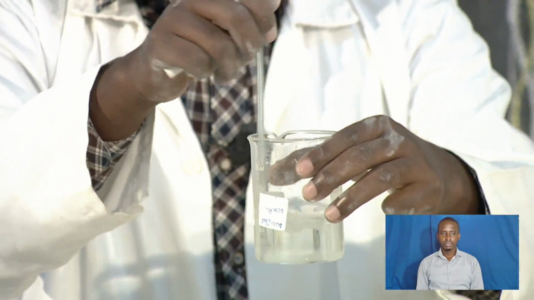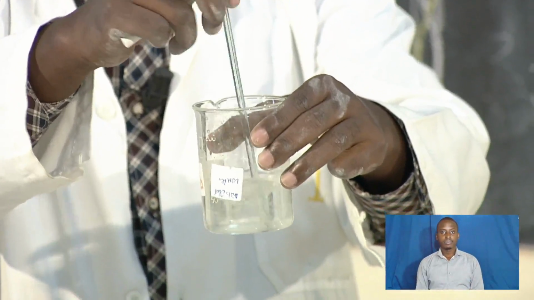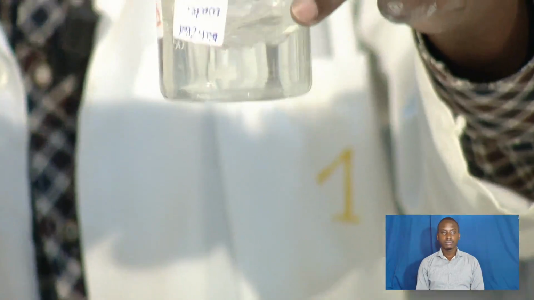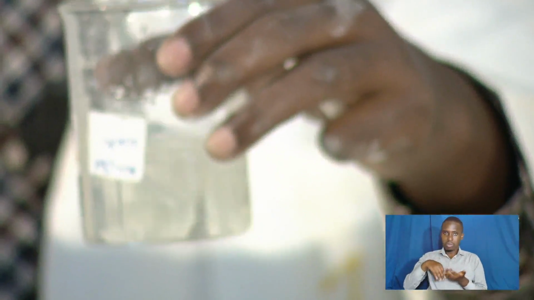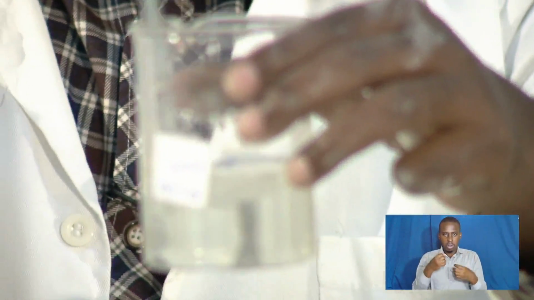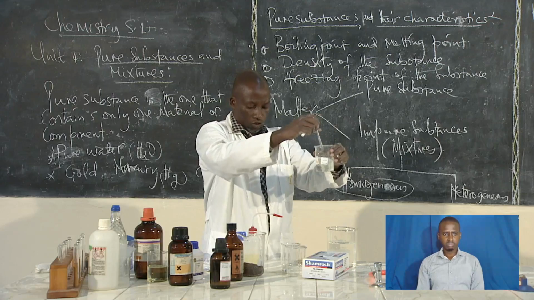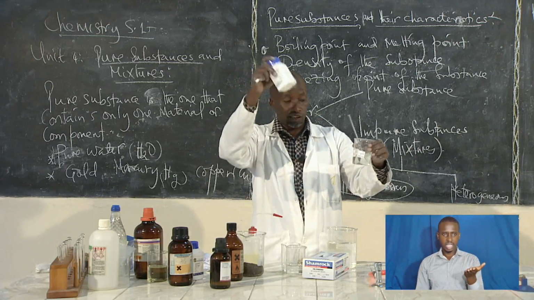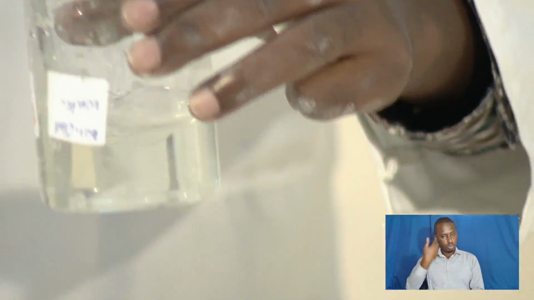When you dissolve this substance, it is dissolving completely, and you can easily see that it is disappearing. So this was a solid, and we are just putting it in liquid. So we said solid-liquid mixture.